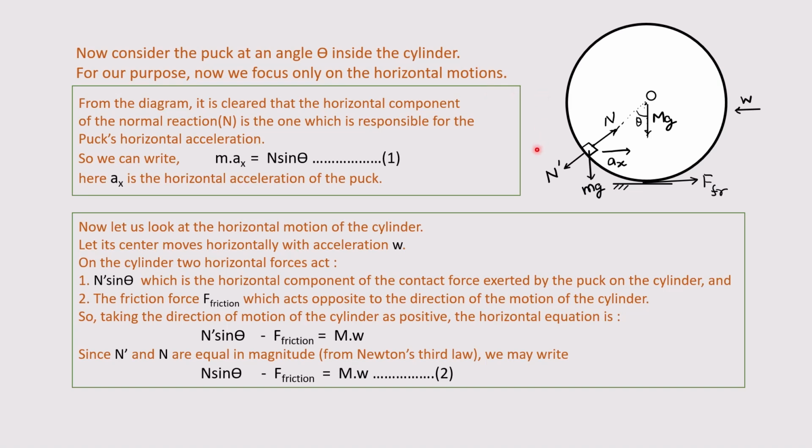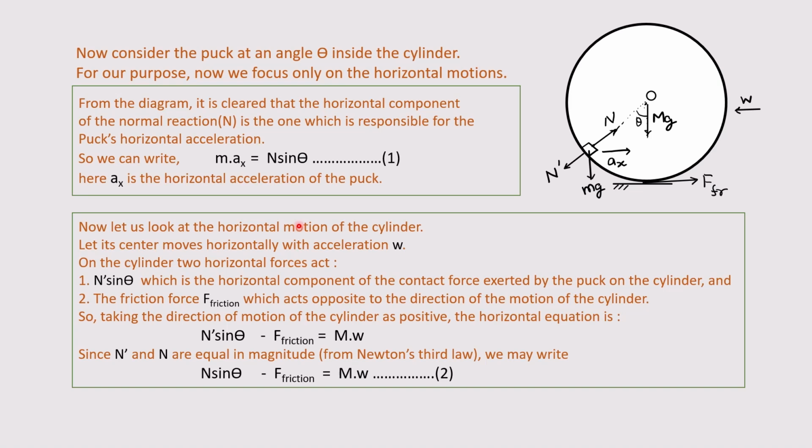In the case of the puck, we can see from this diagram that the horizontal component of the normal reaction N is responsible for the puck's horizontal acceleration. So we can write the equation: mass of the puck into Ax is equal to N sine theta. Here Ax is the horizontal acceleration of the puck. This is our equation 1.